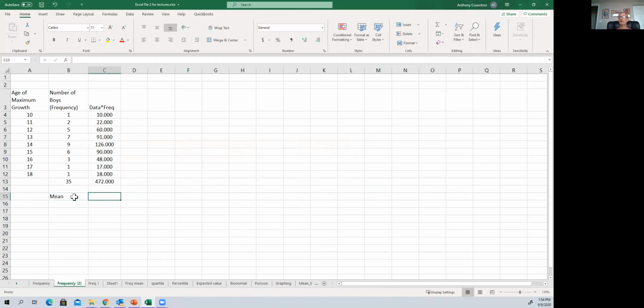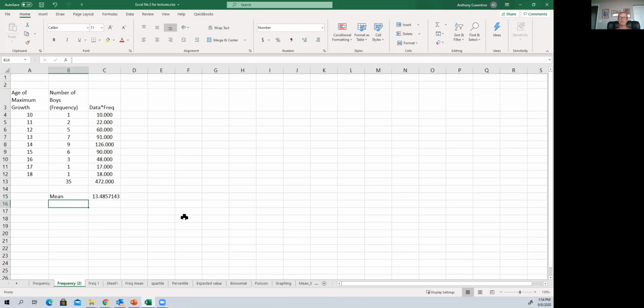Well, the mean would be this total divided by the total number of data points, which is 35. You can let the spreadsheet do the arithmetic, 472 divided by 35, and you can see the mean is 13.48, etc.